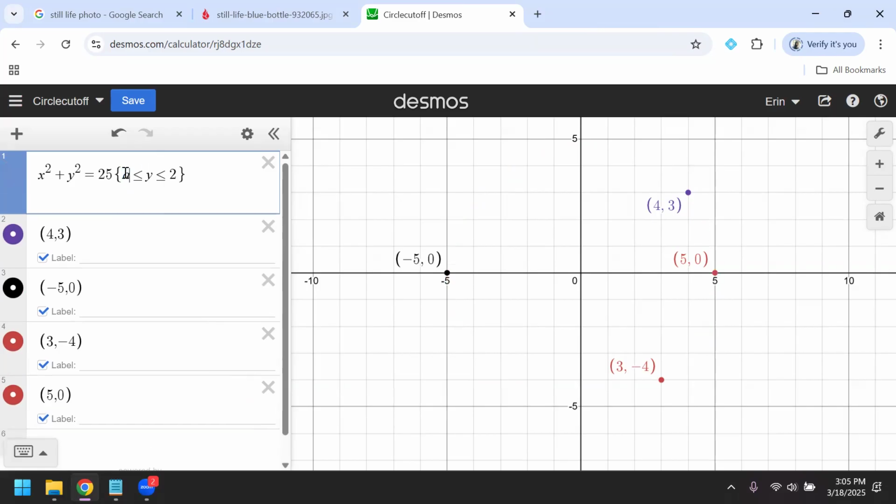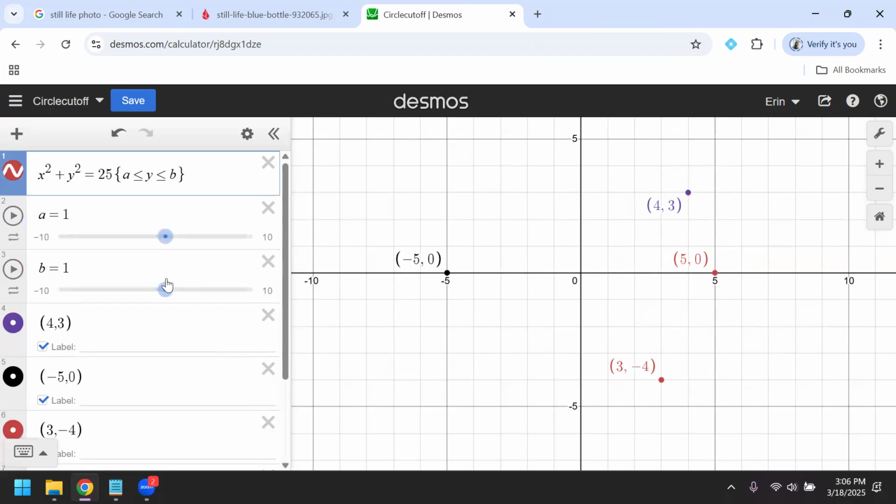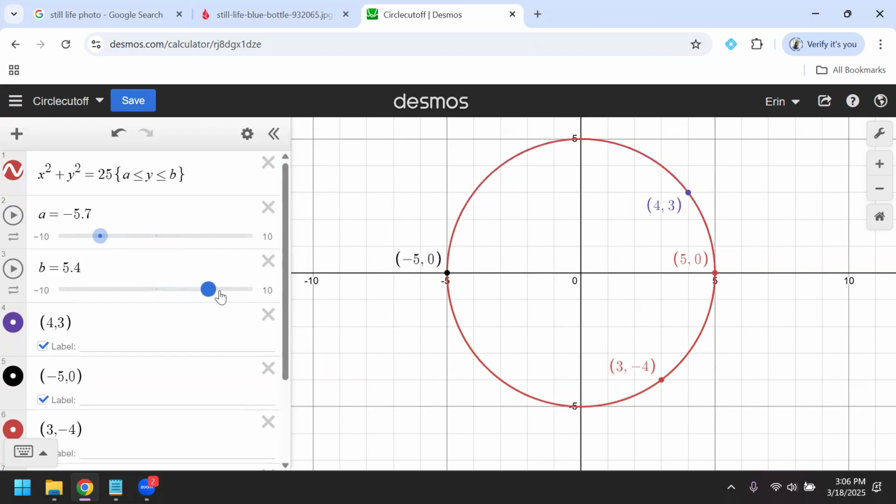Another tip is that the sliders that we've been using before, those still work in our curly braces. And so if you can't really tell where you want to cut off, let's say I want to cut off maybe here somewhere, I can actually just put in sliders with A and B and then slide my slider until it gets to the point I want. So maybe there, for example, I want to hit just the purple dot. There we go, right?